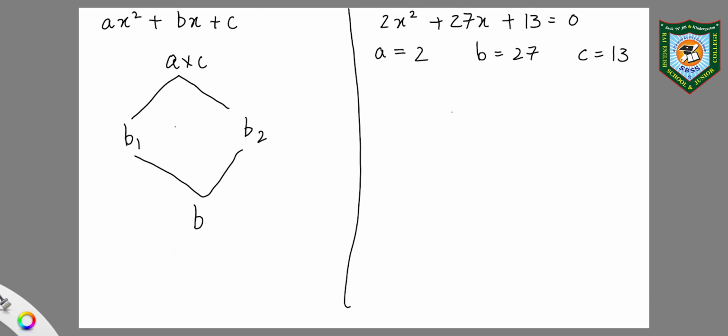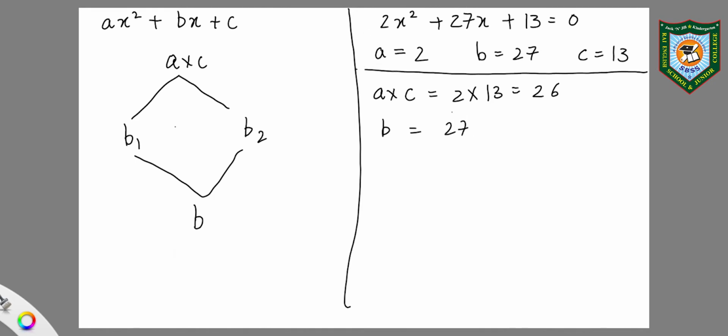The product of a into c is 2 into 13, which is equal to 26, and b is equal to 27. Now I have to split this into two factors such that their product is 26 and the sum of those two factors is 27. Let's check out a few numbers. 27 can be split into 1 plus 26.